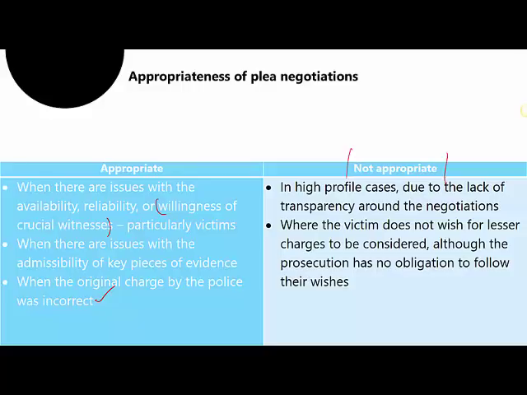So an exchange of opinions, as we said. Well, they're not appropriate in high-profile cases because there's a lack of transparency around the negotiations. It all happens behind closed doors and people get really upset about this. And you'll be able to look at a bit of evidence from the Herald Sun at the end of this to get some more information about that. They're also not appropriate where the victim doesn't wish for lesser charges to be considered.